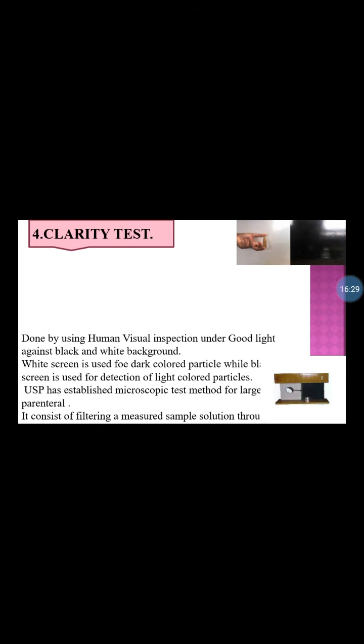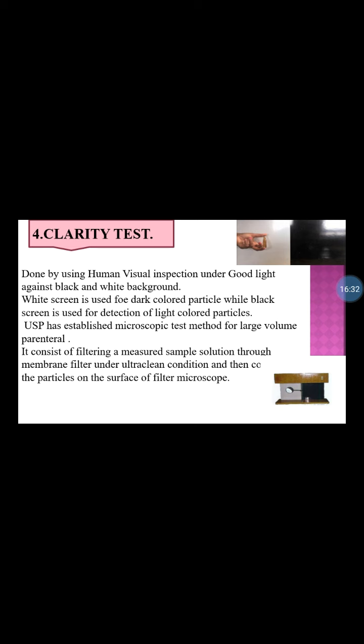And the next test is the clarity test. This test is done by human visual inspection under good light against black and white backgrounds, as you see in this image. The white screen is used for detection of dark colored particles, while the black screen is used for detection of light colored particles.